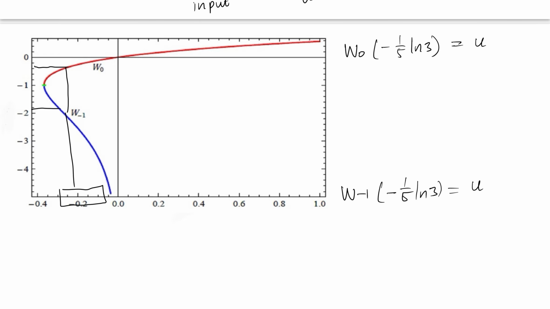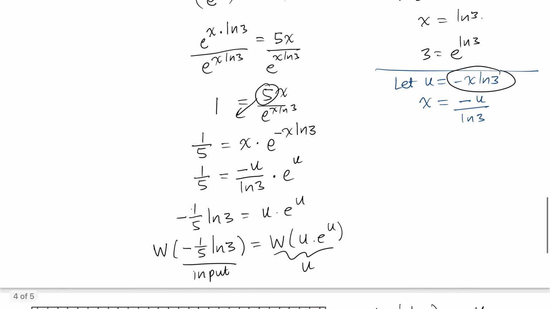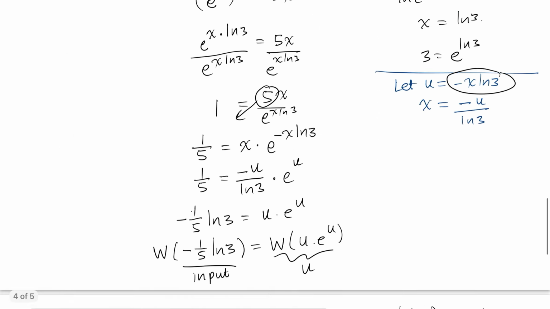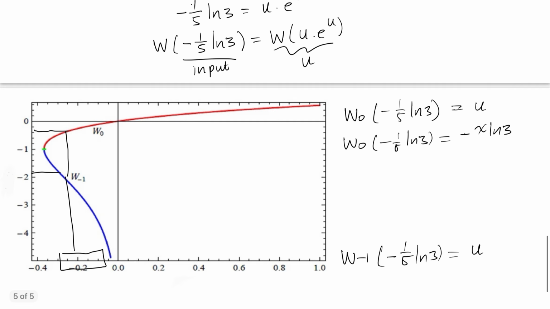Now remember, we substituted at the beginning that u is equal to minus x ln of 3. So this is going to be W naught of minus 1 over 5 ln of 3 equals minus x ln of 3. So to solve for x, we can just switch things around and divide by ln of 3.